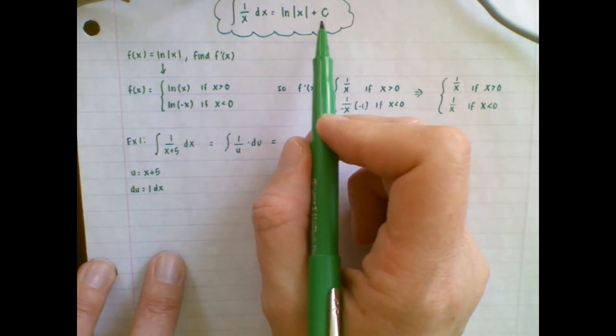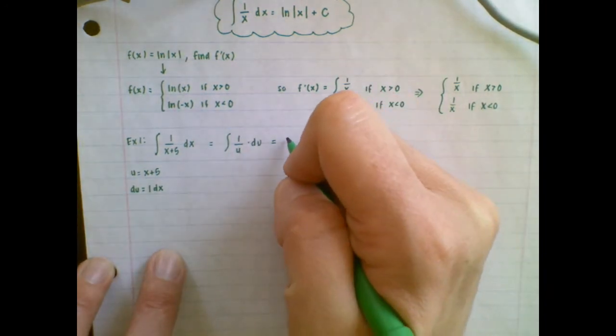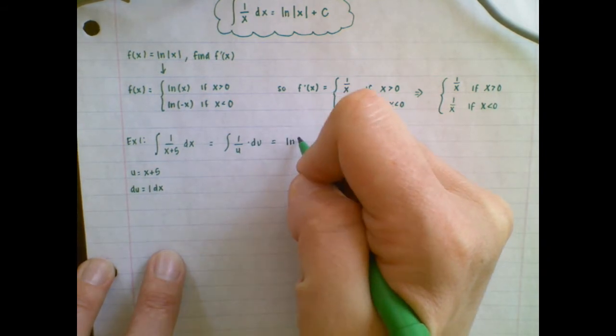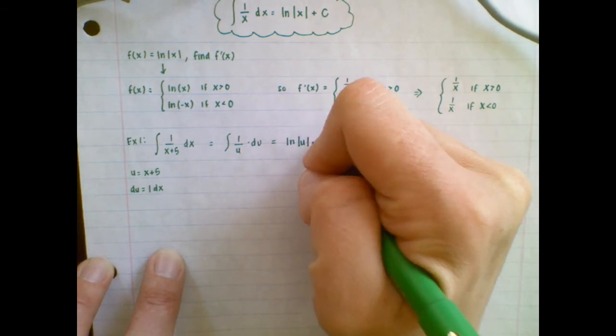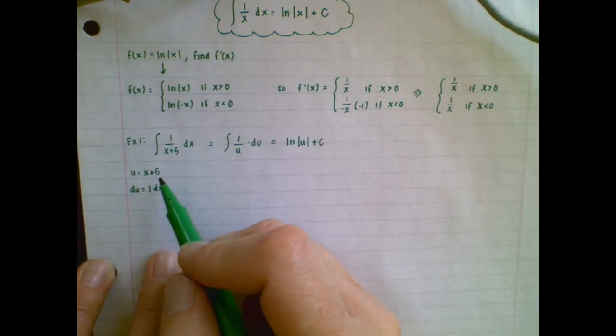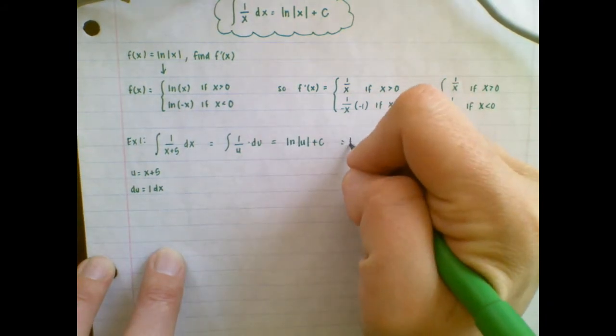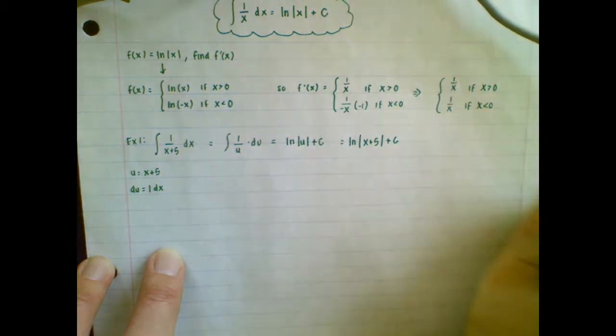And again, I'm using that plus c in this case because I have an indefinite integral. So that's going to tell me that this is going to be equivalent to ln of the absolute value of, not x, but u, since we're working with u, plus c. But I need to go back and plug in what my u stuff is. So this is going to be the ln of the absolute value of x plus 5 plus c.